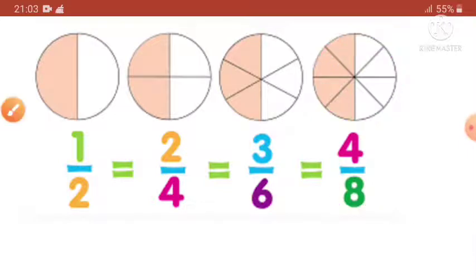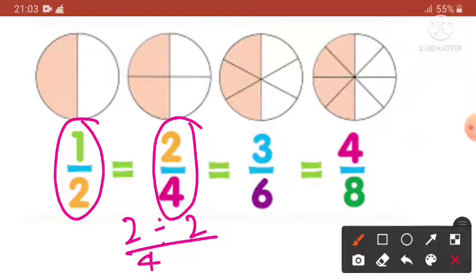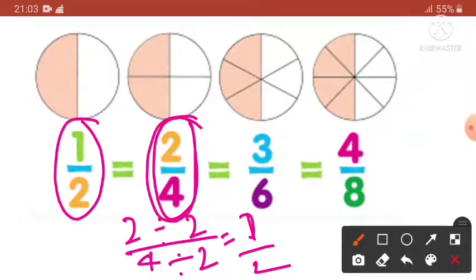So how? Here it is 1 by 2, and if we want to convert 2 by 4 into the short form, divide by 2. 2 divided by 2, 4 divided by 2, it gives us 1 by 2. So 2 by 4 also means 1 by 2.